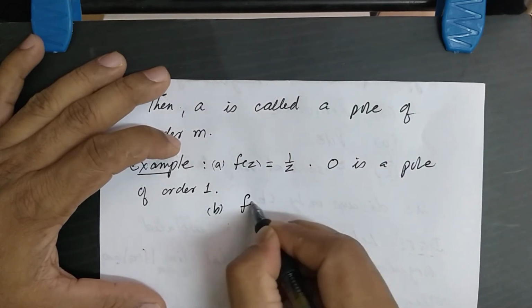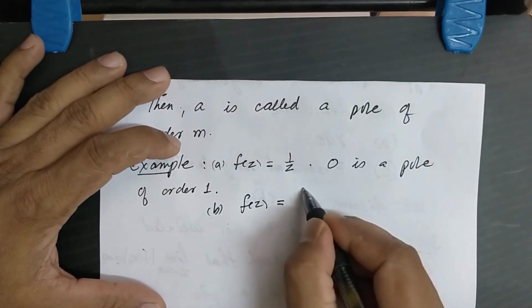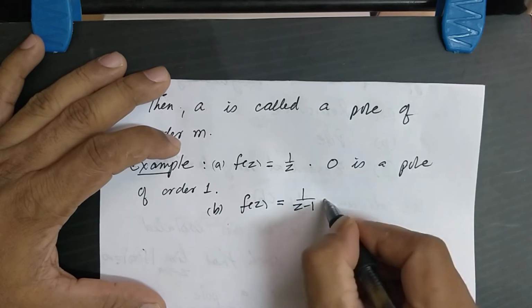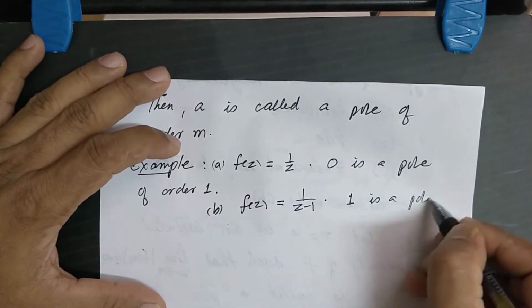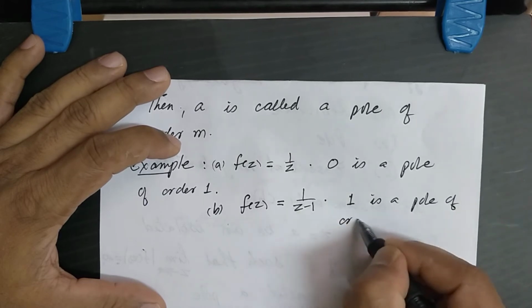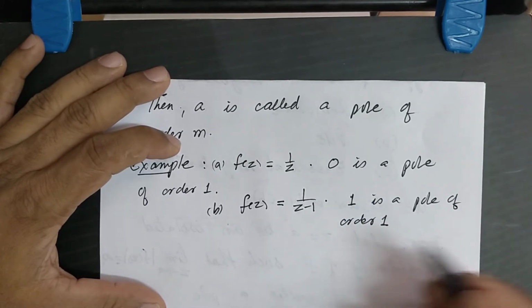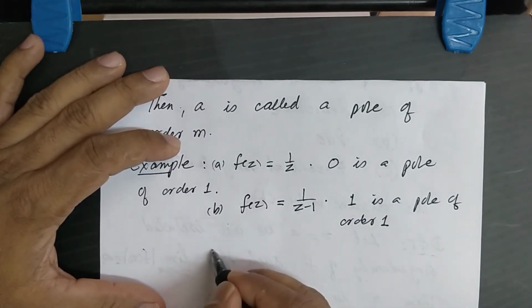Let's look at f of z equal to 1 over z minus 1. Then 1 is a pole of order 1, also called a simple pole.